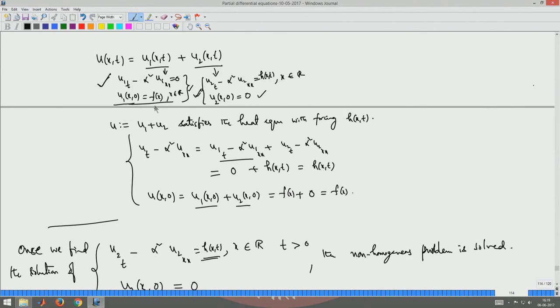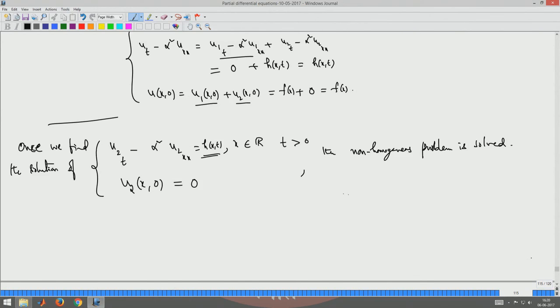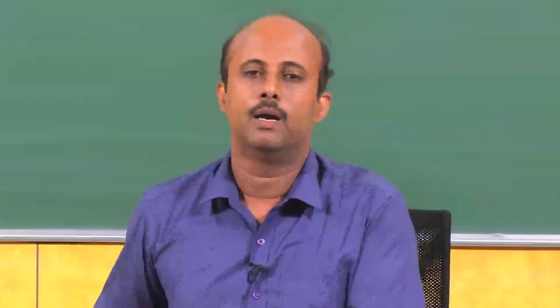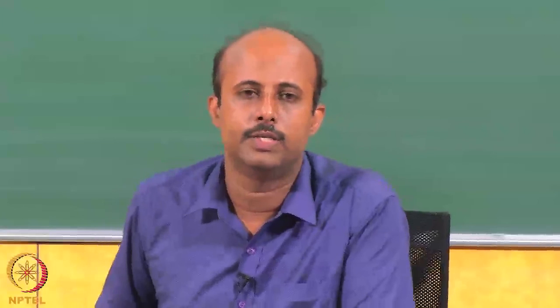We will try to solve this initial value problem in the next video using the method called the operator method. So in the next video we will solve this initial value problem for the non-homogeneous equation with 0 initial condition using the operator method.